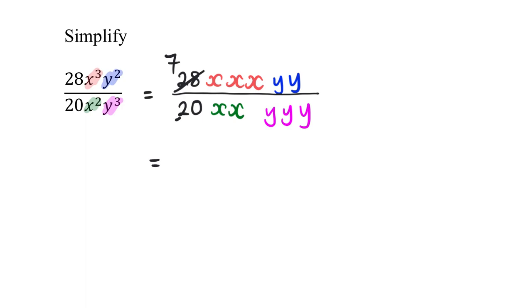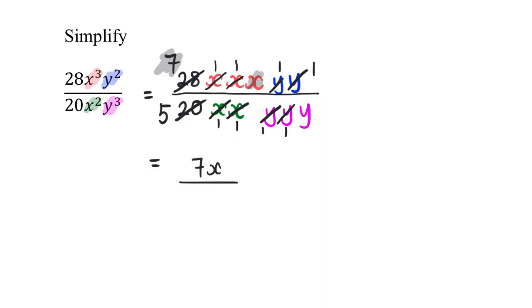Left 7, divide by 4, left 5, divide by x, left 1, divide by x, left 1, divide by y, divide by y, divide by y, left 1, divide by y, left 1, and therefore final answer 7x over 5y.